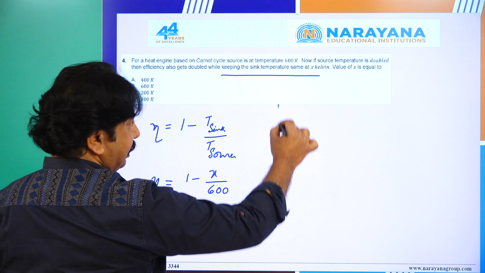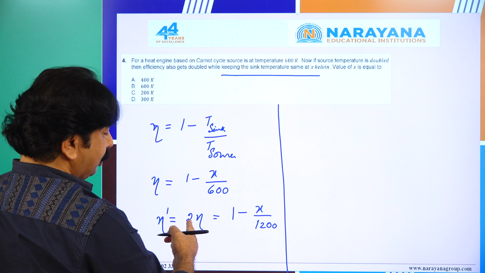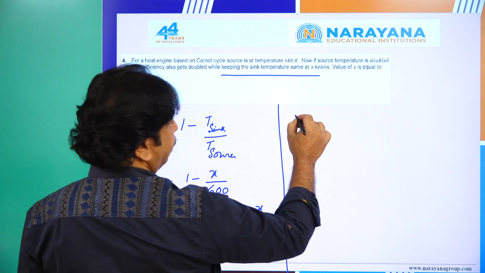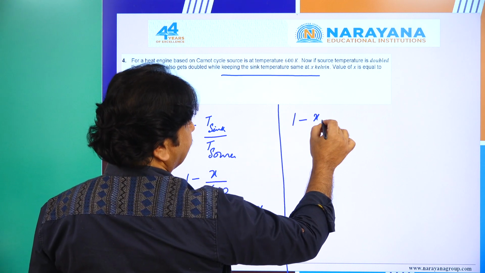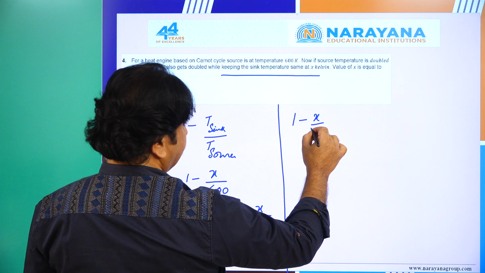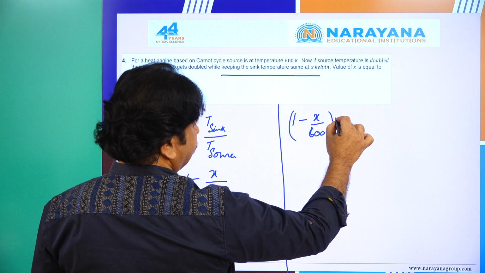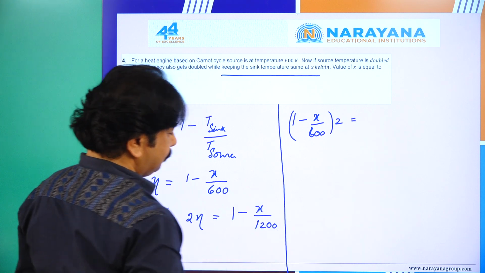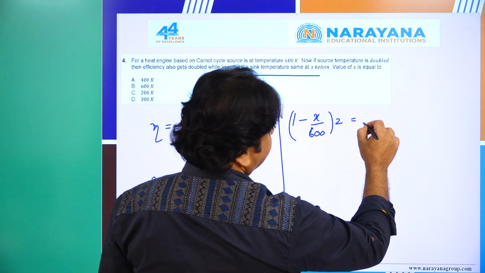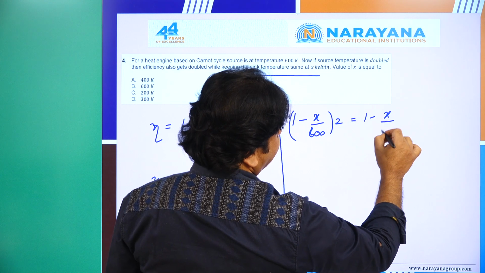As per this, we can write 2 eta, which is 2 times (1 minus x by 600), equal to 1 minus x by 1200.